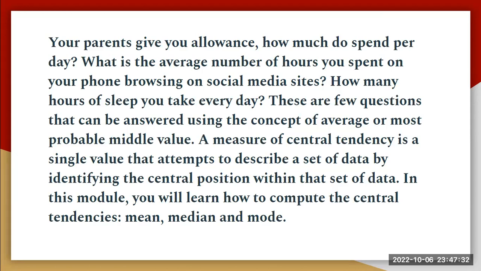A measure of central tendency is a single value that attempts to describe a set of data by identifying the central position within the set of data. So in this module, you will learn how to compute the central tendencies: the mean, median, and the mode.